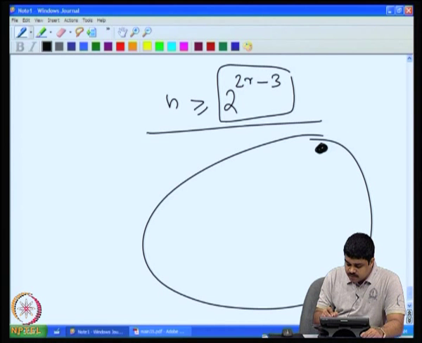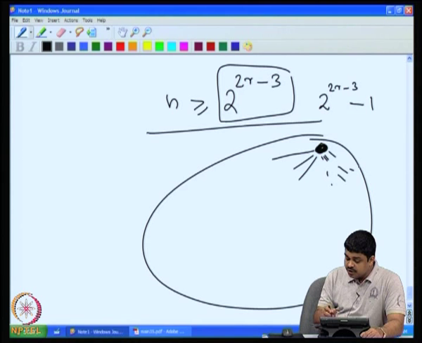Now, let this be a special vertex. The remaining 2 raised to 2r minus 3 minus 1 vertices, we will group into 2 categories: the ones which are adjacent to it and the ones which are non-adjacent to it.